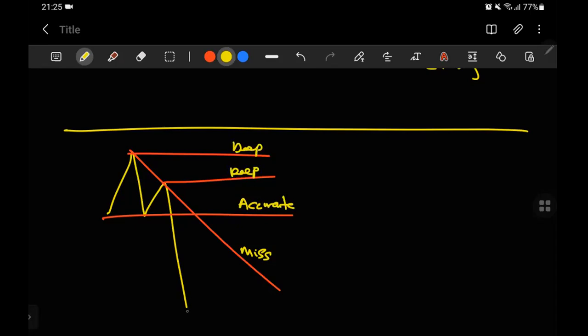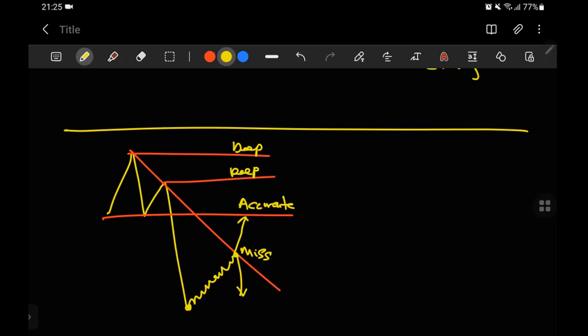So if we have the current price over here, the first area the price will approach is the miss. So we know the miss should be strong. If it didn't go this way, it's going to collect the accurate. So this is the information that we get from MDA.